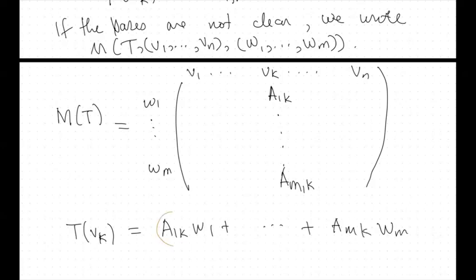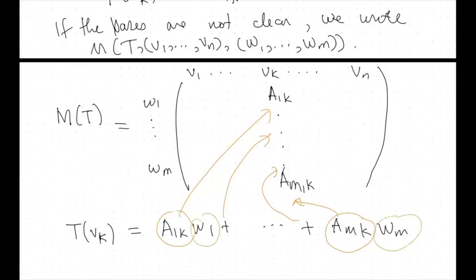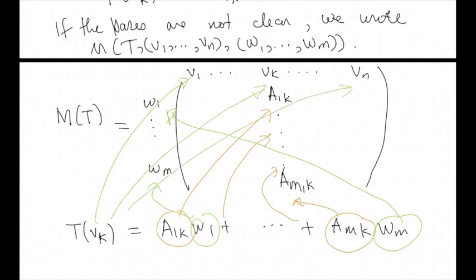So here goes here, here goes here, and everything goes in between. And then, let me change color, these W1 are these ones, and the VKs are above. Okay.